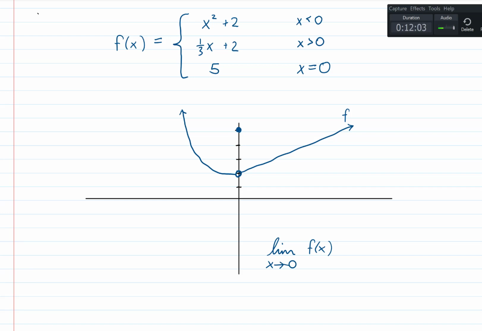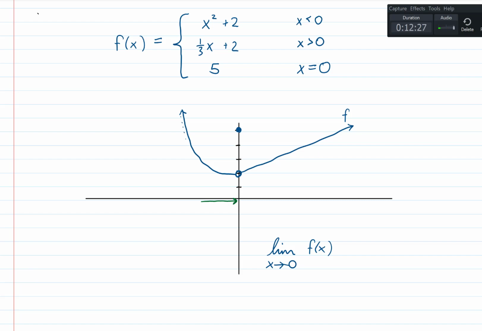So, as x is approaching 0 from this side, what is happening to the graph? The graph is coming down here and approaching.